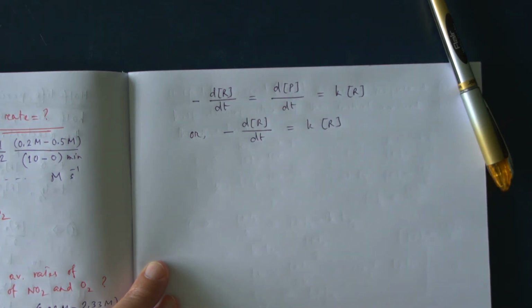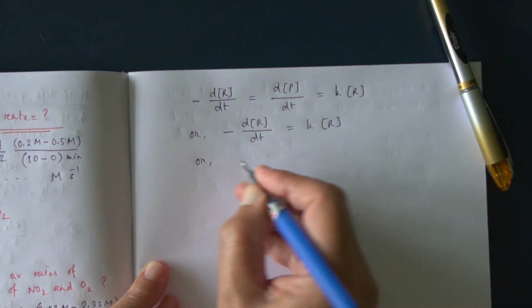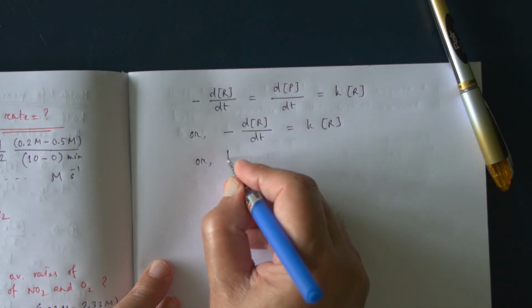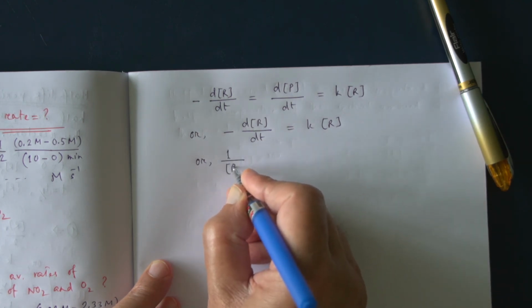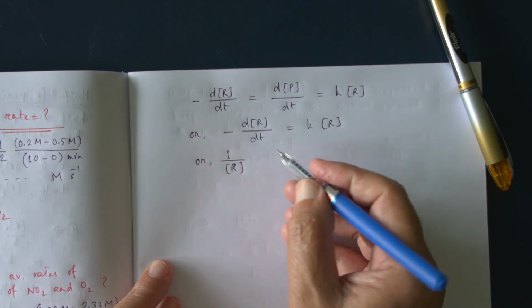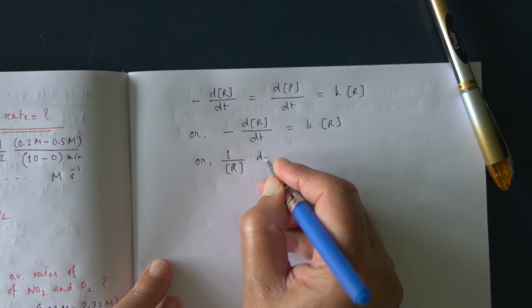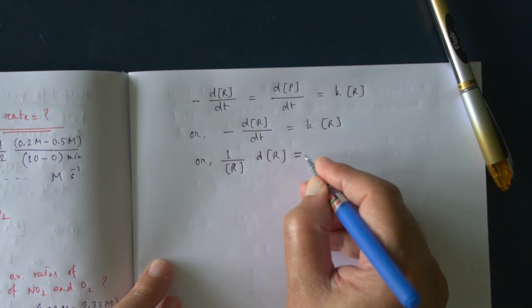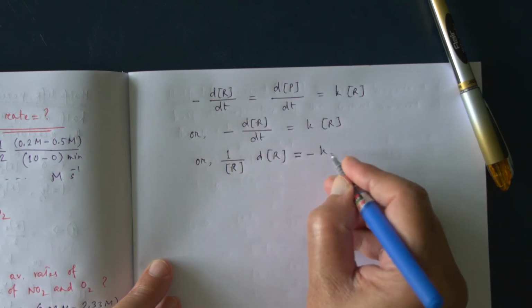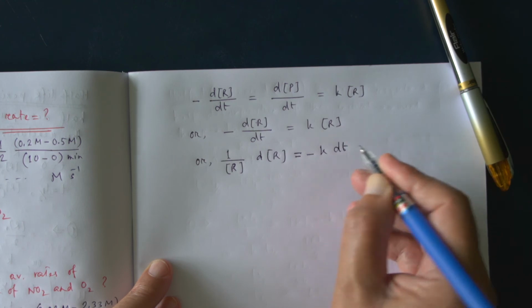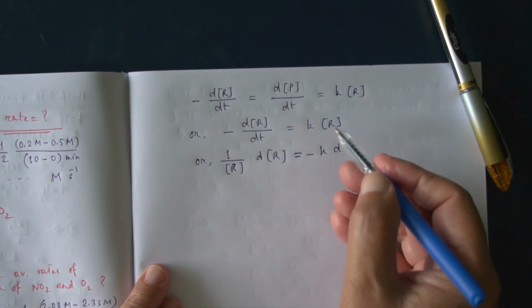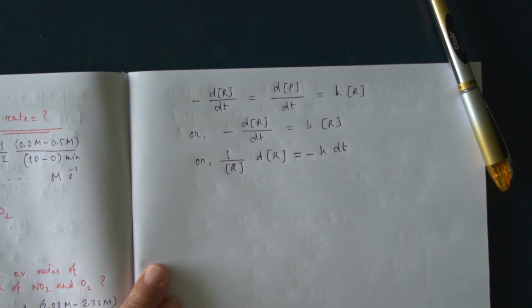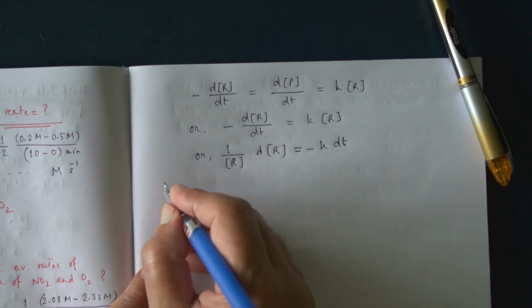Say I bring this side, so it will be 1 by R dR equal to minus k dt. Okay, now once again integrating.